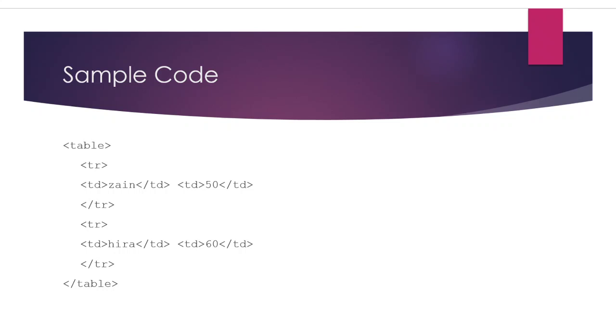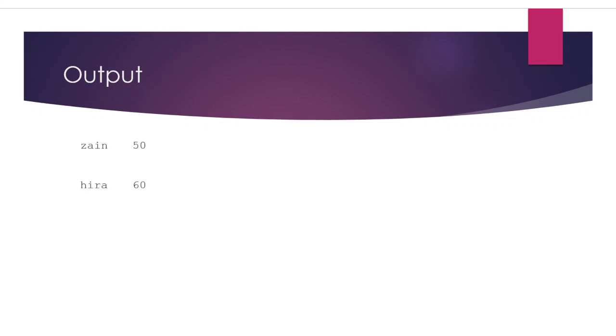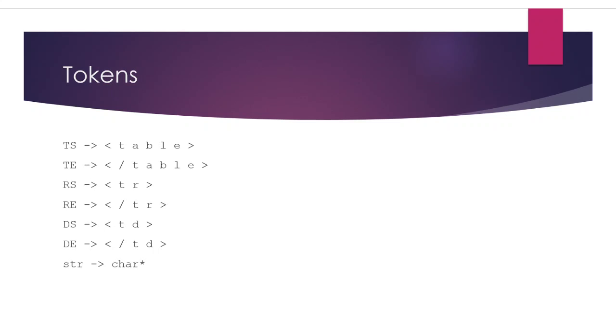So we have Zen, then 50, then Hira, and then 60. This is part of an HTML code, and this is the input a browser gets, and then it displays an output. So what output will a browser show you? It will be Zen and 50 and Hira and 60.